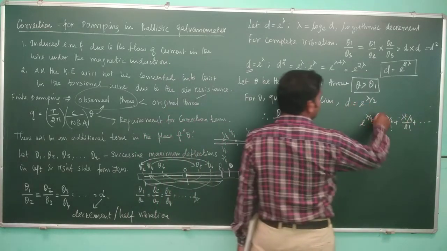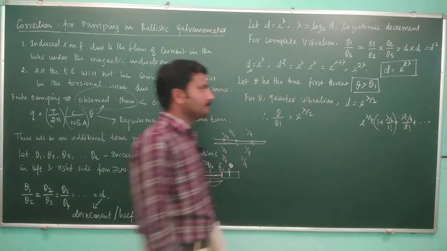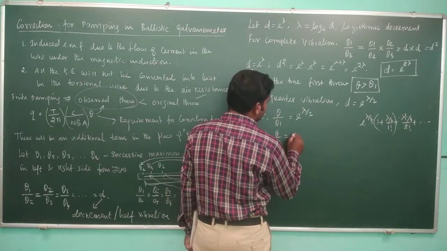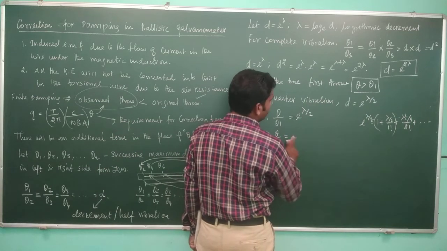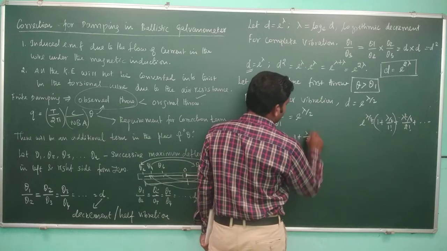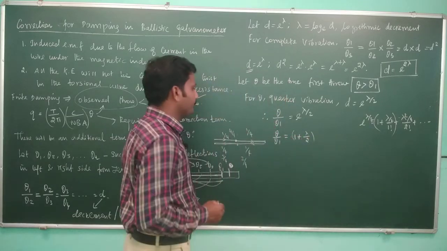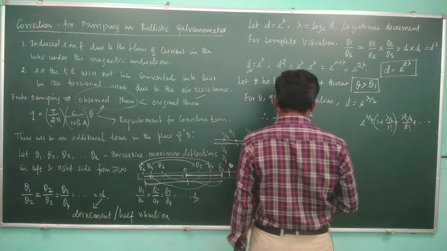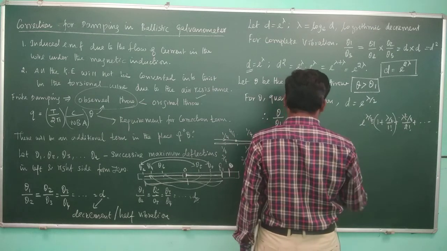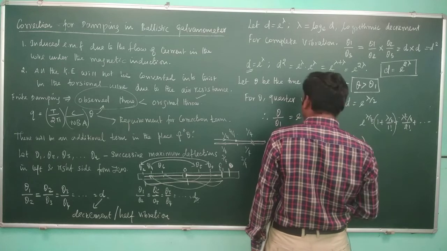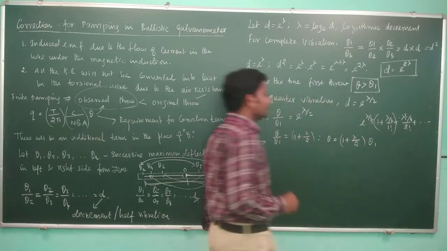You skip the higher order terms and consider only these terms. So theta by theta 1 is equal to 1 plus lambda by 2, so that theta is equal to 1 plus lambda by 2 into theta 1.